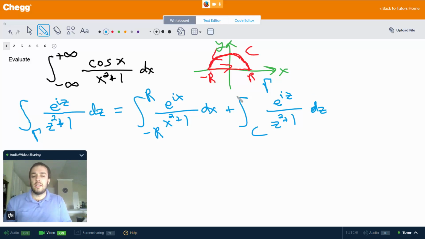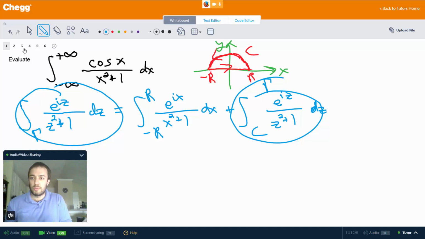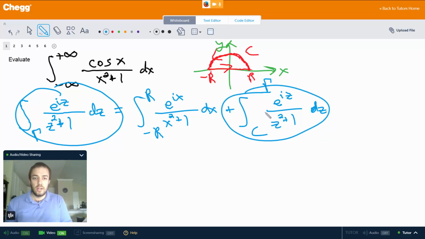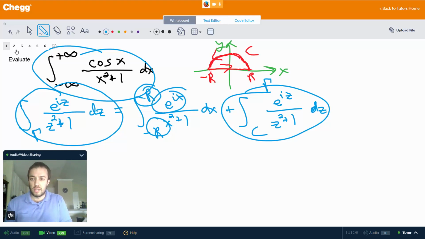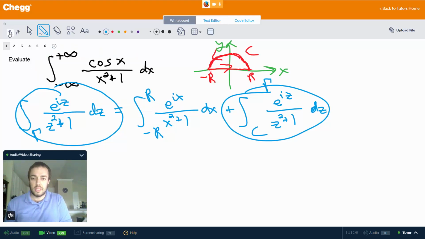The idea is to evaluate both of these and then take the limit of both sides as R goes to infinity. As R goes to infinity, we'll have pretty much this integral, just with a slight variation because of the exponential, but we'll handle that when we get there.